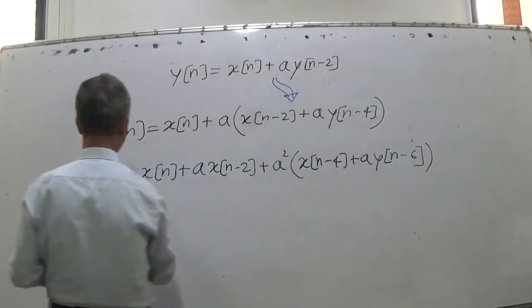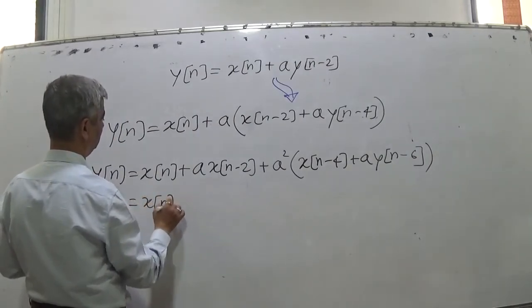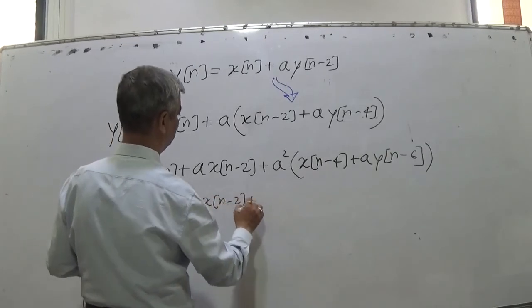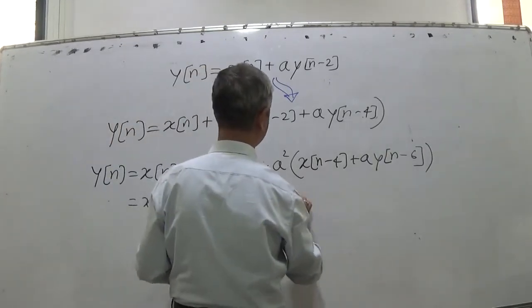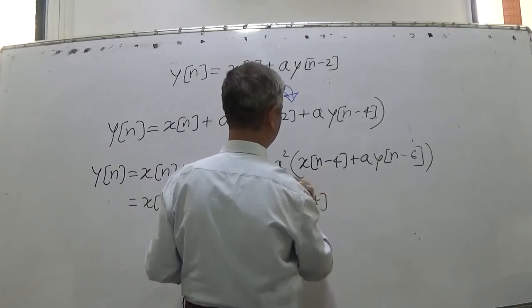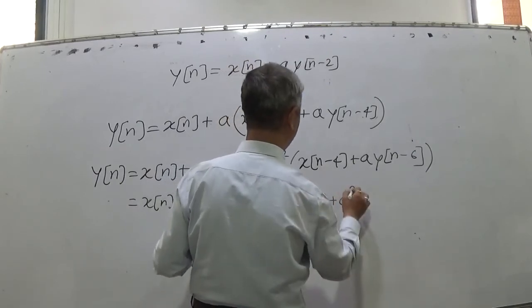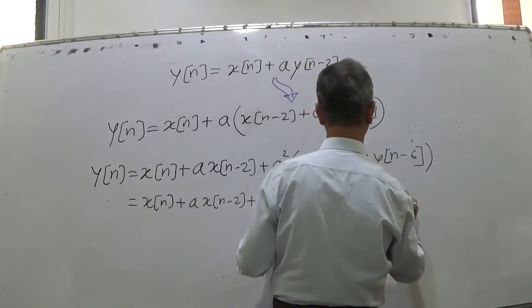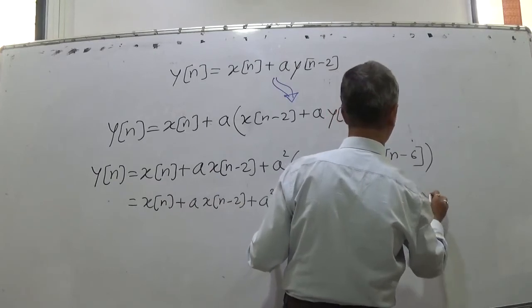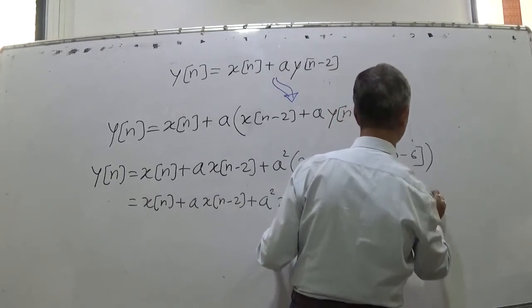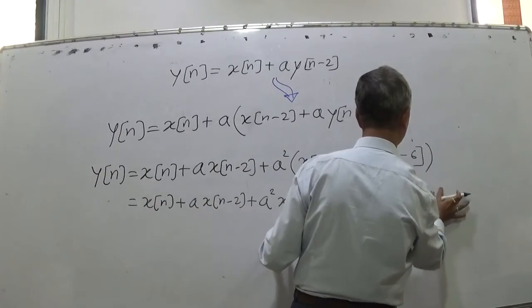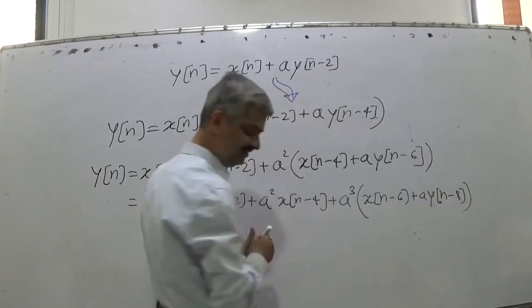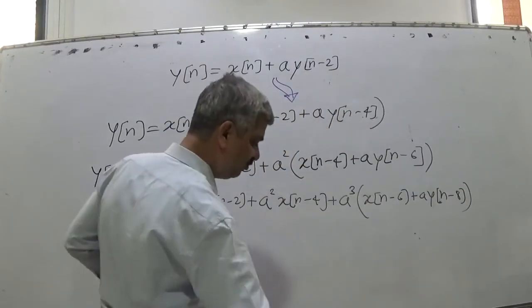So this is xn plus a xn minus 2 plus a square xn minus 4 plus a cube y n minus 6, which is xn minus 6 plus a y of n minus 8. So I can see a simple pattern by common sense.